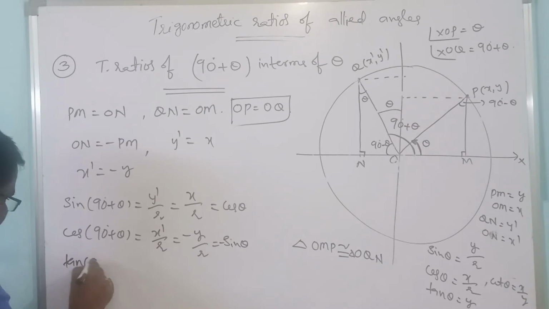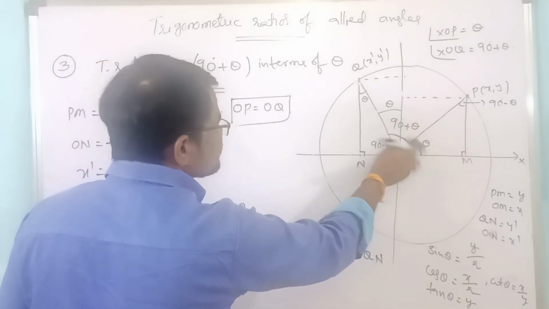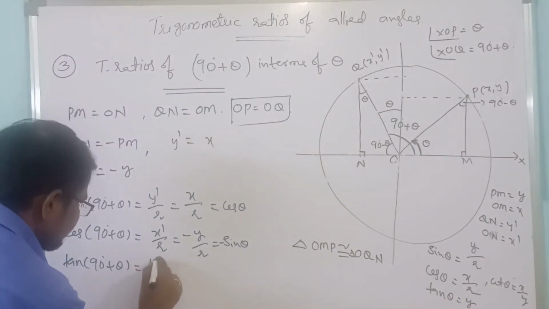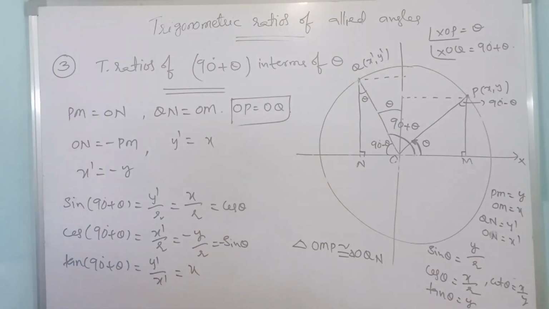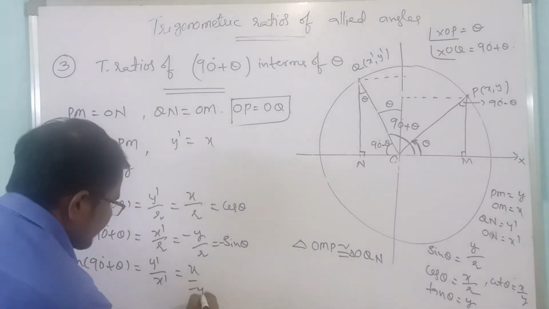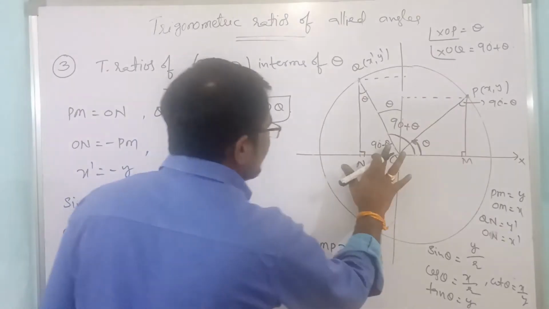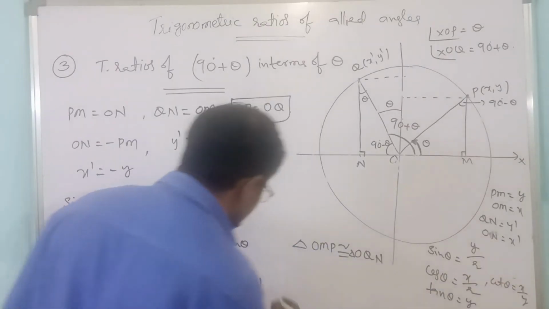Next, tan of 90 plus theta. So for this triangle, so here opposite side is what? Y dash divided by X dash. But Y dash is X, right? Now this X dash is minus Y. That is equal to minus X by Y. Now X by Y is nothing but what?